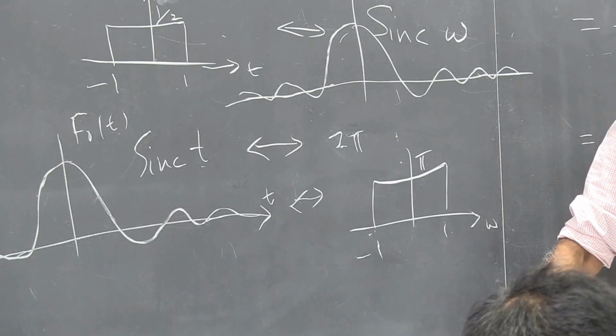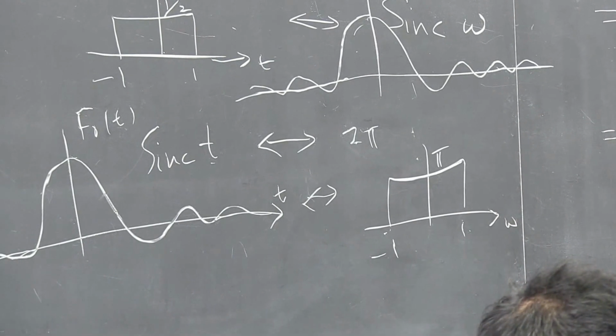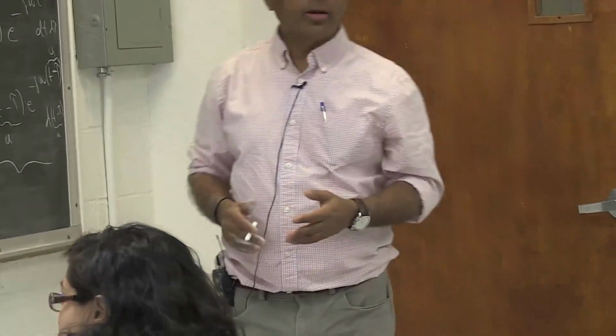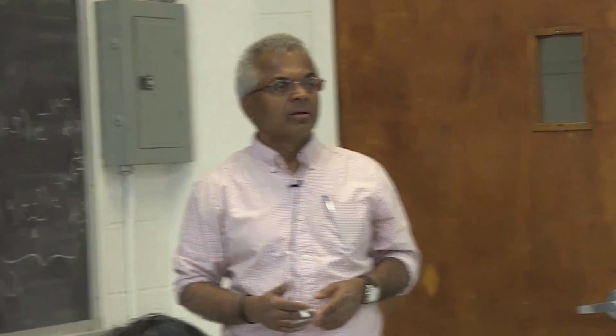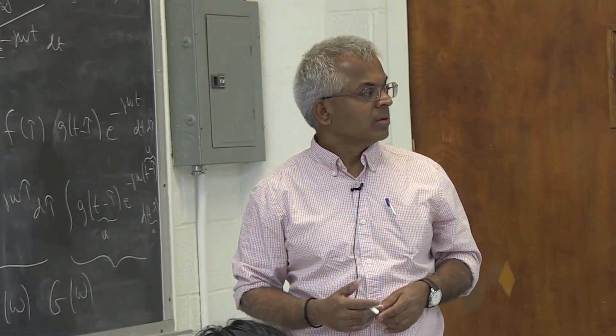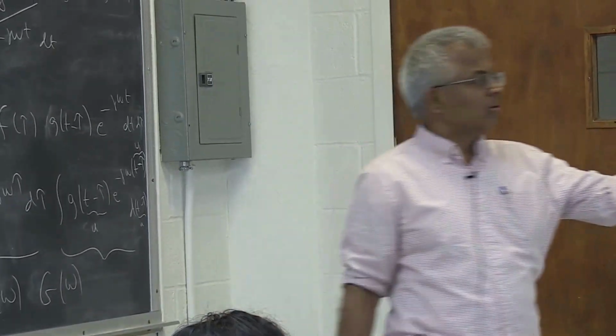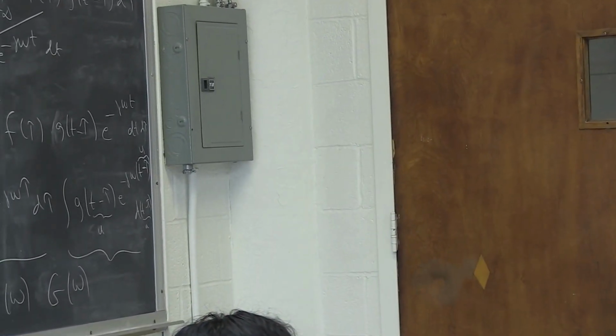So if I know the transform of f(t), what is the transform of f squared t? Anybody? Small f squared t. Convolution of F on F. Yeah, you can go from there also, right? If you convolve f(t) with f(t), what happens?